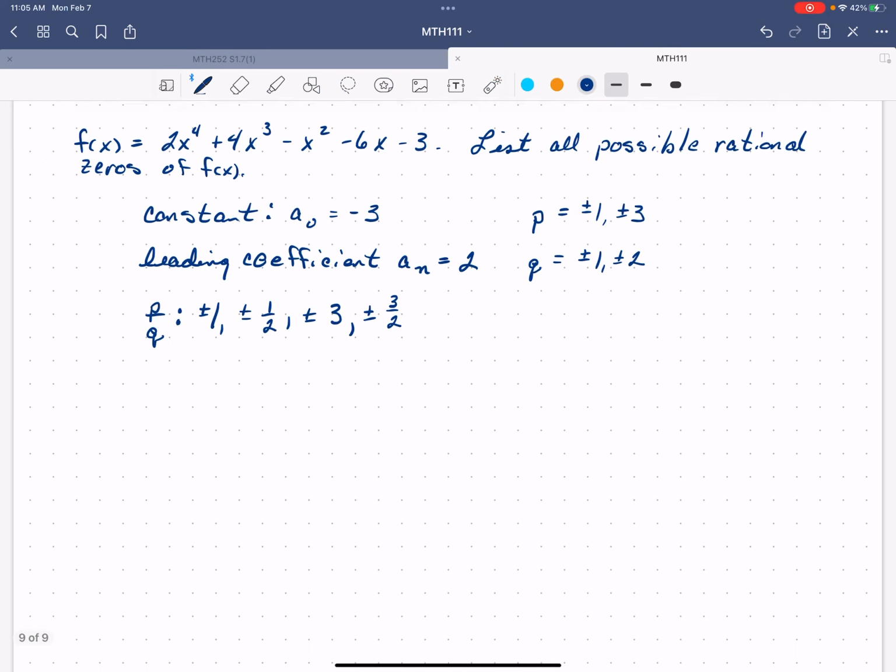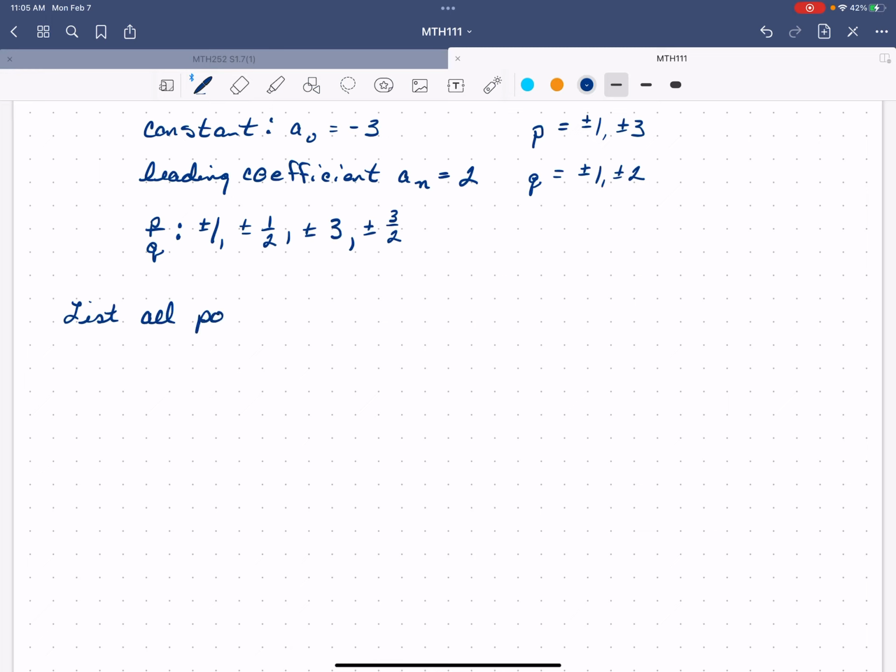Let's list all possible rational zeros. Notice I'm not finding the zeros, I'm just listing the possibilities, for the function x to the fourth plus x squared minus 12.